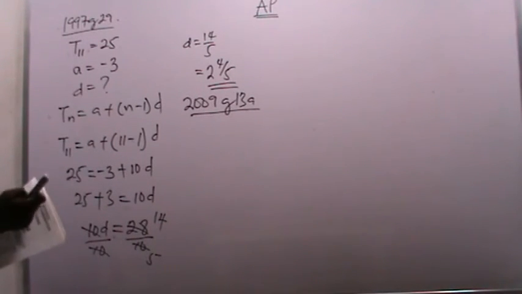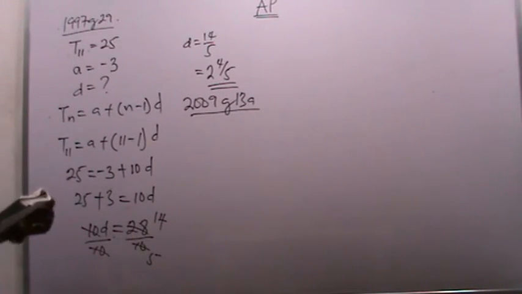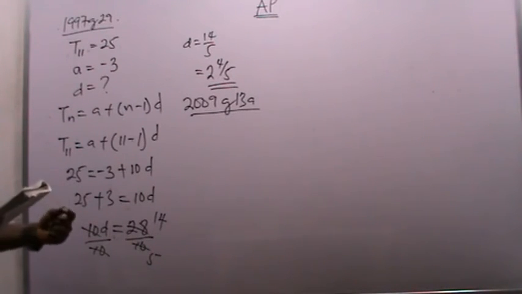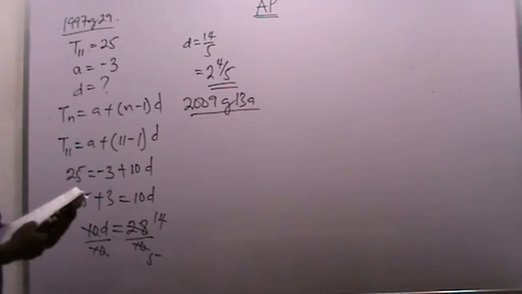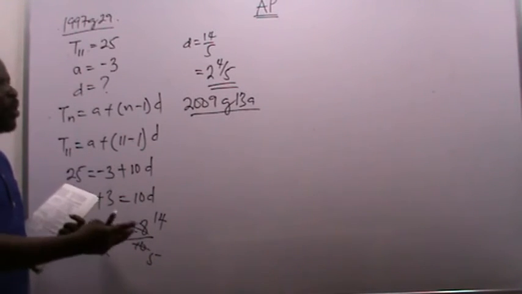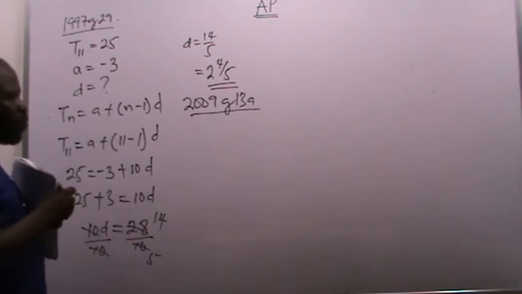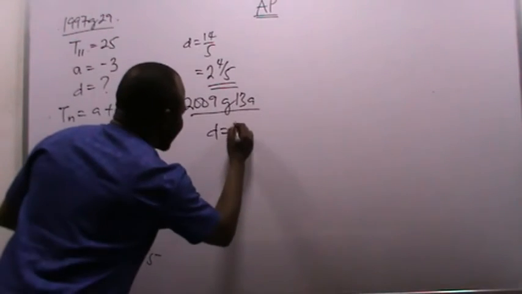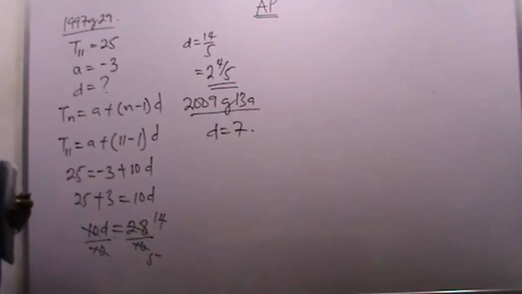Let's read the question. The question says, how many numbers between 75 and 500 are divisible by 7? Now, numbers that are divisible by 7 will form an AP with a common difference of 7. That's the truth.